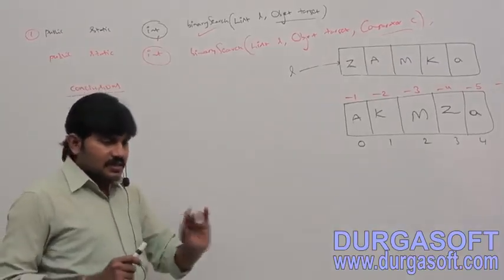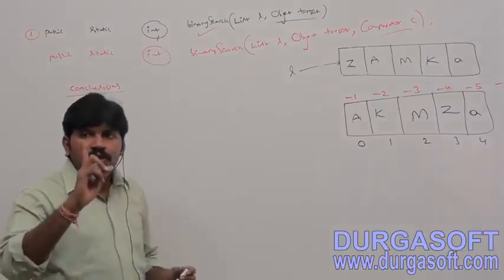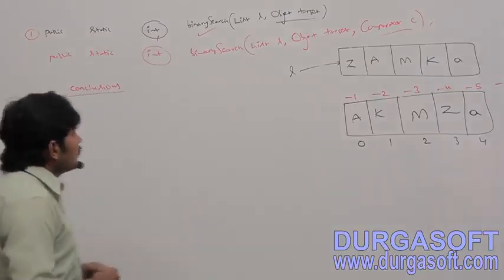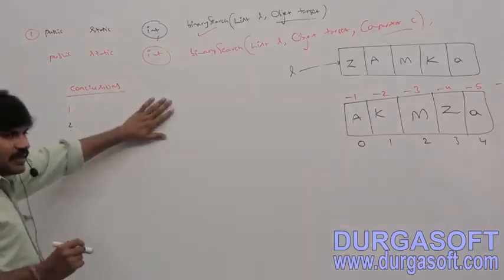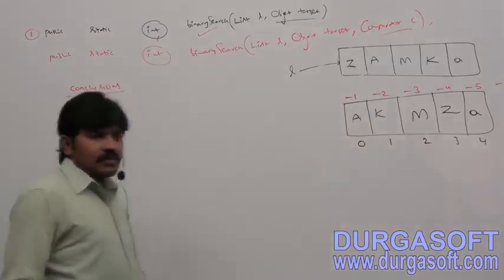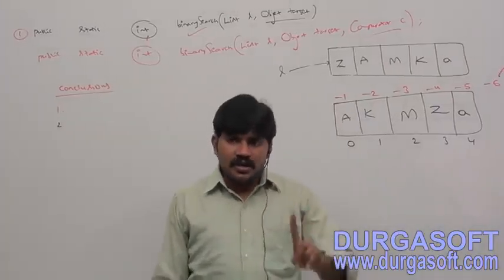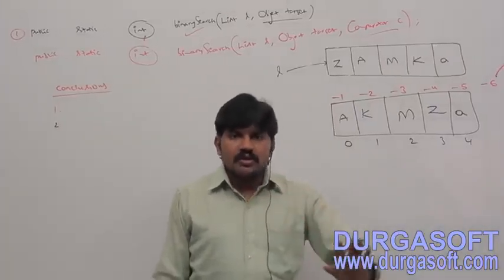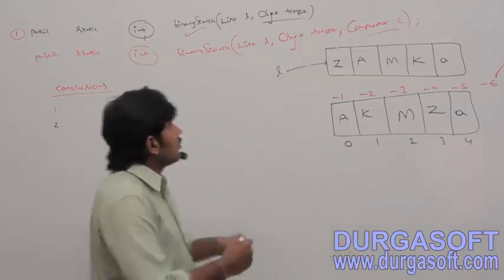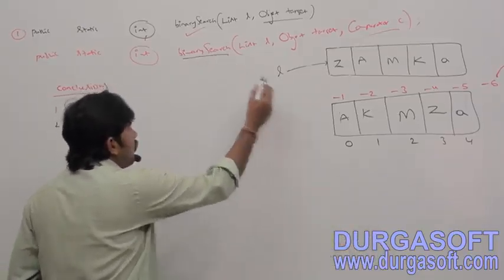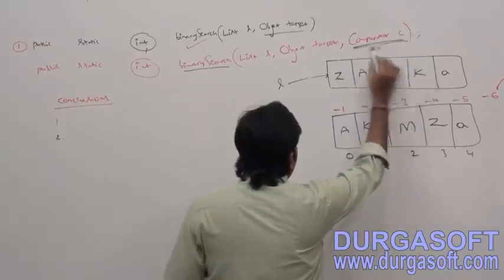Now the last point, a bit important, take special care. If the list is sorted according to a comparator, that is customized sorting, and how can you implement customized sorting? By using a comparator. Then at the time of search also we should pass the same comparator object.